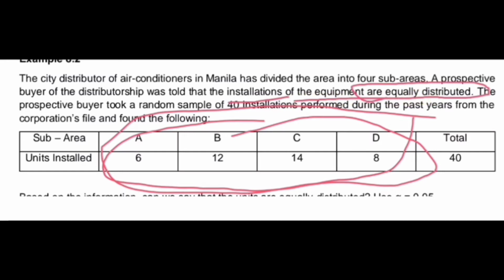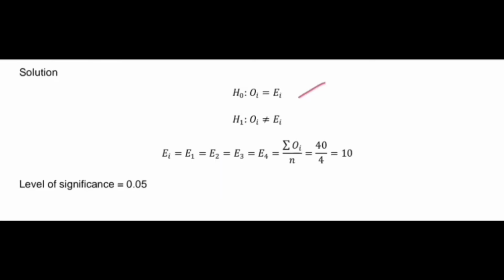And our alternative hypothesis is that this observed frequency here and the expected frequency are not equal. The null hypothesis, where the observed frequency is equal to the expected frequency, where the alternative hypothesis is the observed frequency is not equal to the expected frequency.